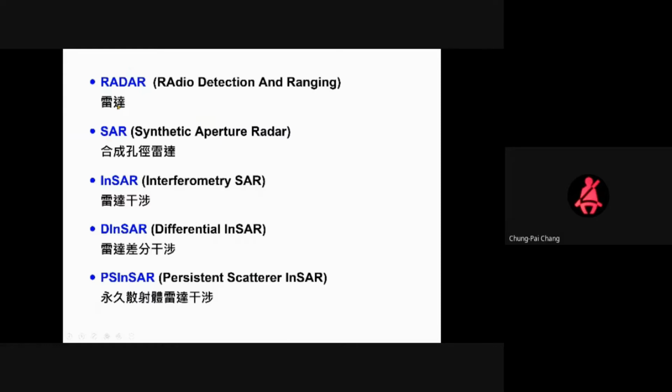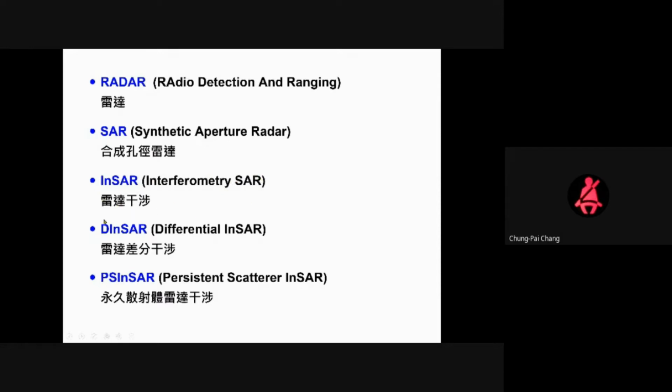Then, in order to see the details of the surface, or the object, we enhance the resolution by using the synthetic aperture technique. Then we can use the SAR images to do some calculations, including interferometric calculation. We call this technique InSAR.